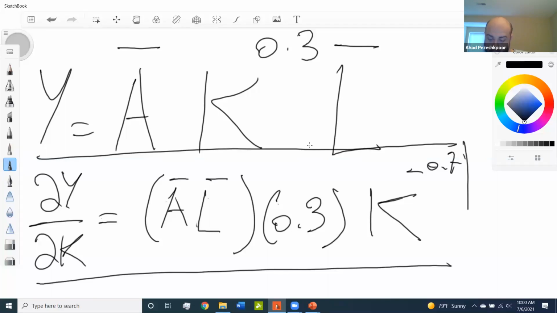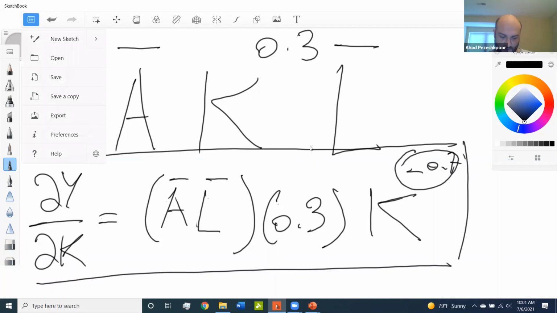Now, when we say a number has a power of minus something, that means this is exactly like I divide this part by K to the power 0.3.